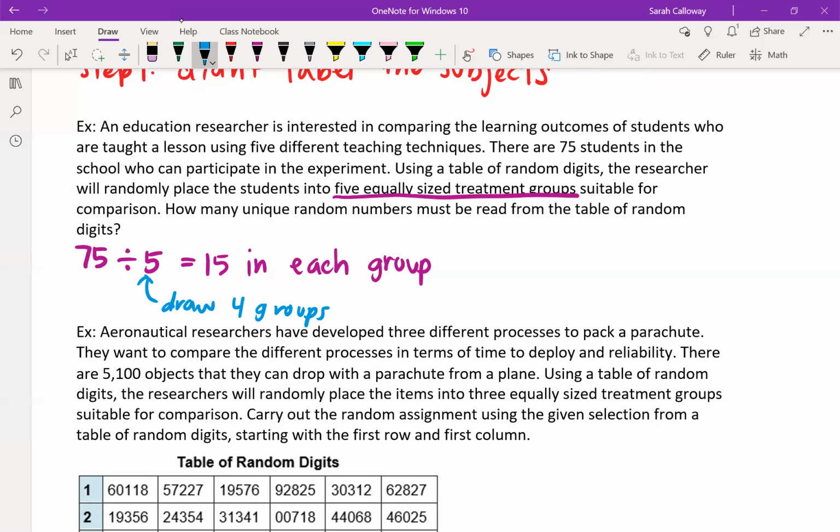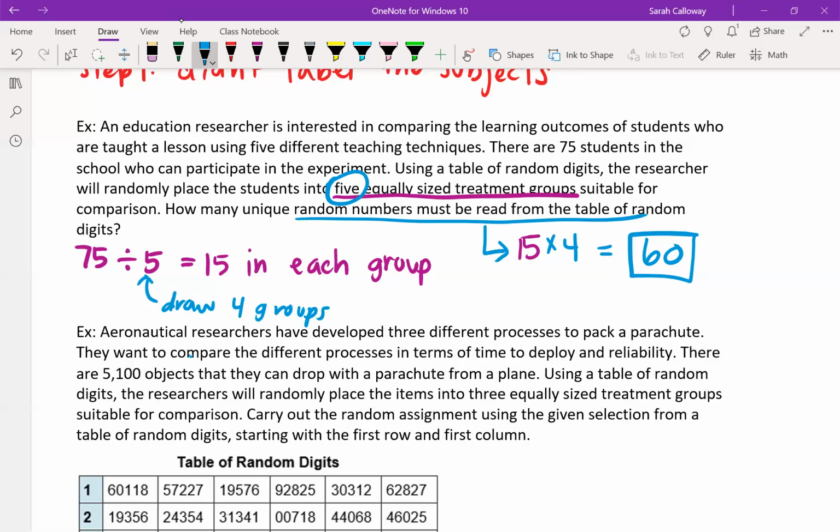It's whoever's left, right? And so to figure out how many numbers must be read from the table, I'm gonna take 15 and multiply it by 4, which is 60. Okay, so I need to read 60 names in order to create 5 equally sized treatment groups.